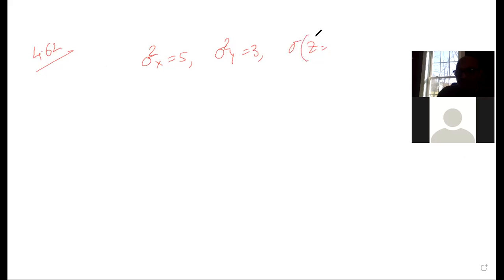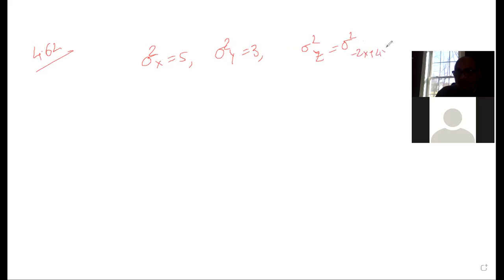So find the variance of Z, and Z is given by what? Negative 2X plus 4Y minus 3.